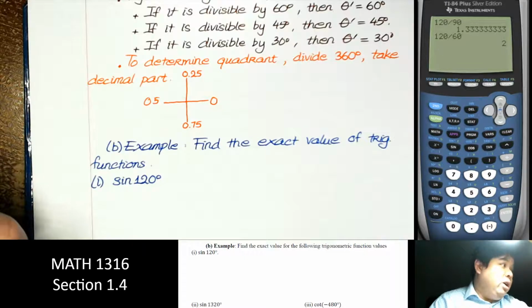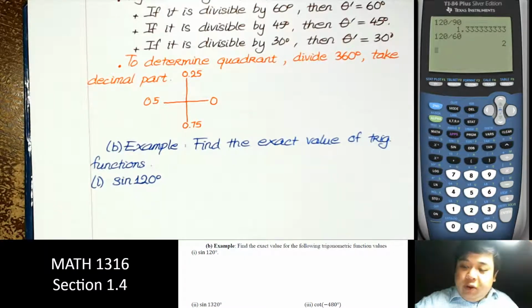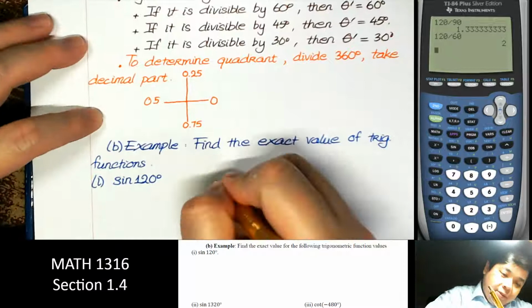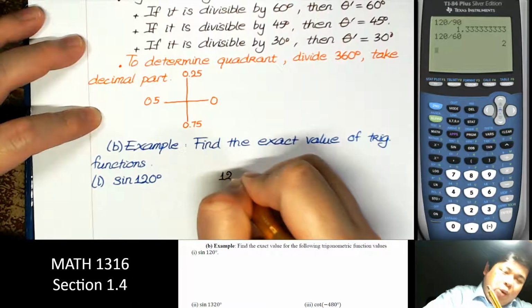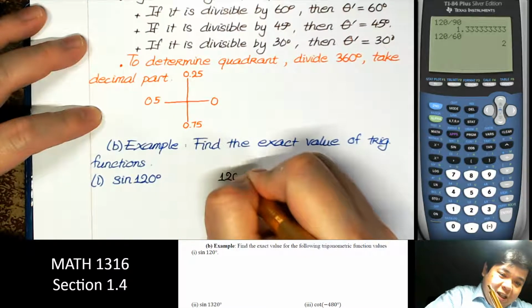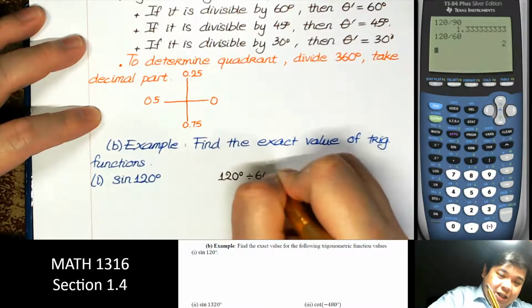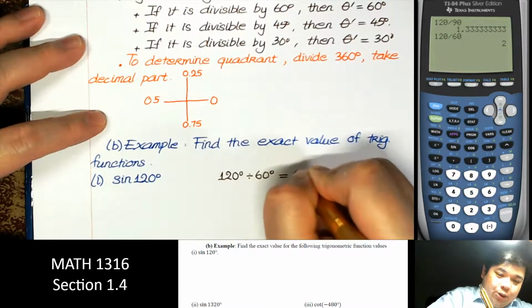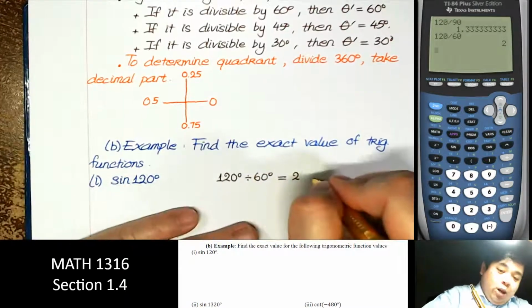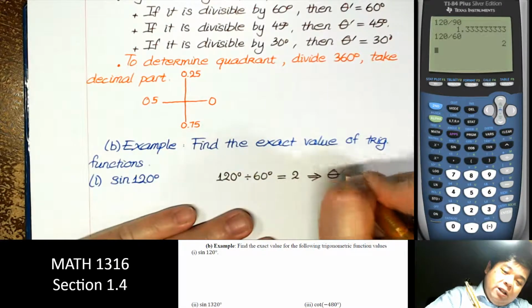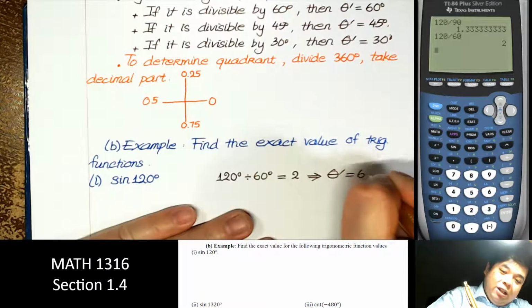That comes out even. So the first thing we do is 120. We don't even need to write this. When we divide by 60 degrees, it is 2. Because of that, we can say the reference angle is equal to 60 degrees.